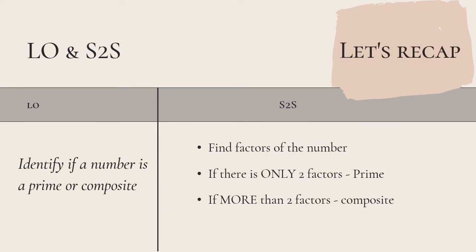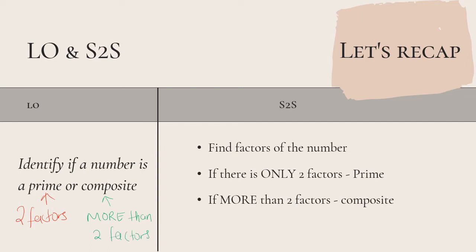Right, so let's quickly recap our learning objective and our steps for today. Today we identify if a number is a prime or composite. We already know the difference between prime and composite. For prime, there are only 2 factors, and for composite, it's more than 2 factors.